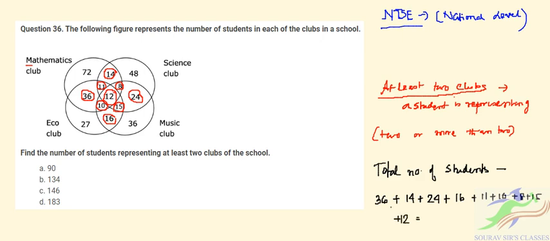If you do the total sum, it comes out as 146. So the number of students representing at least two clubs is option C, that is 146.